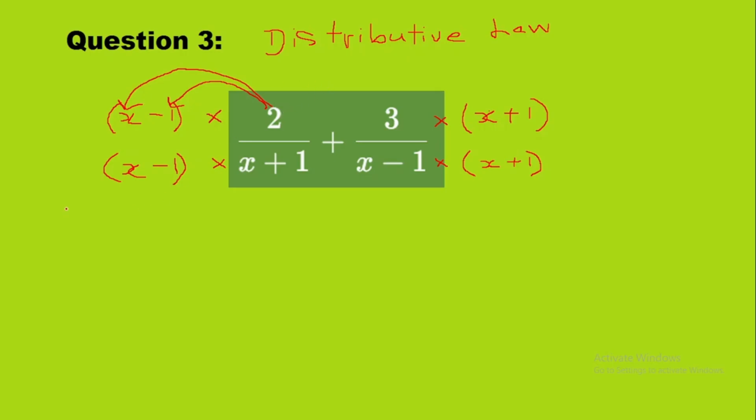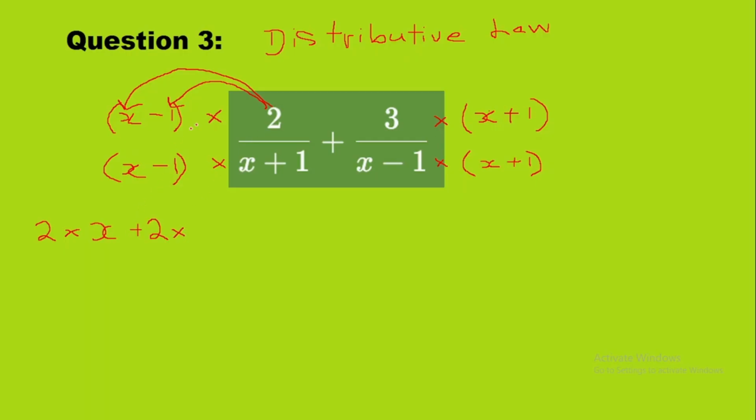So let's try this right now. If 2 multiplies x and 2 multiplies negative 1, we're going to have 2 multiplied by x, plus 2 multiplied by negative 1.